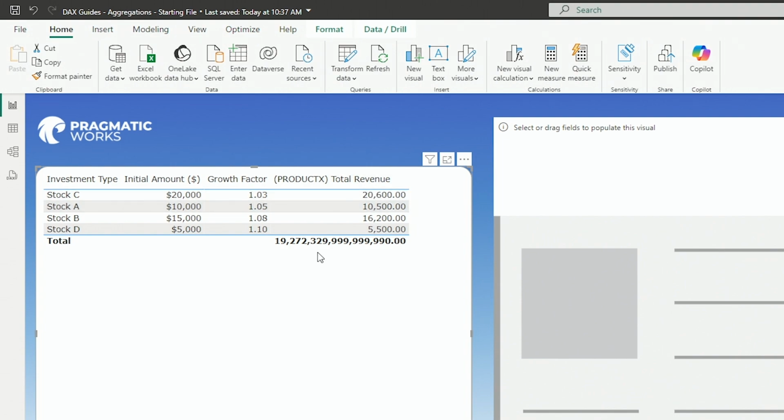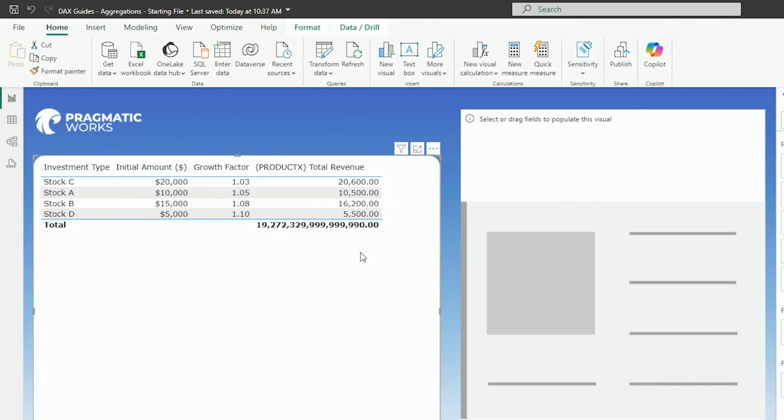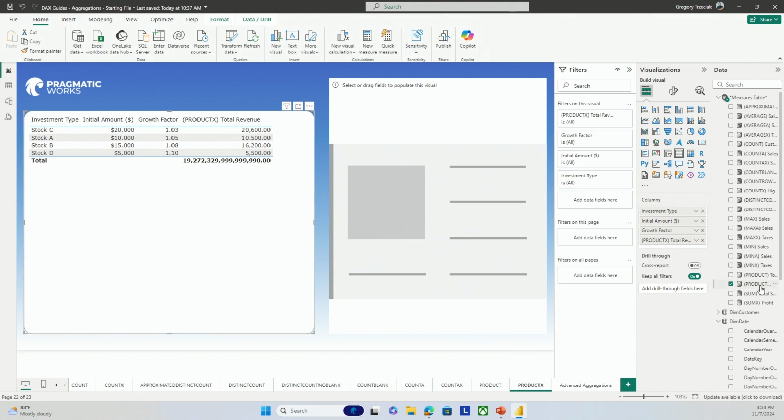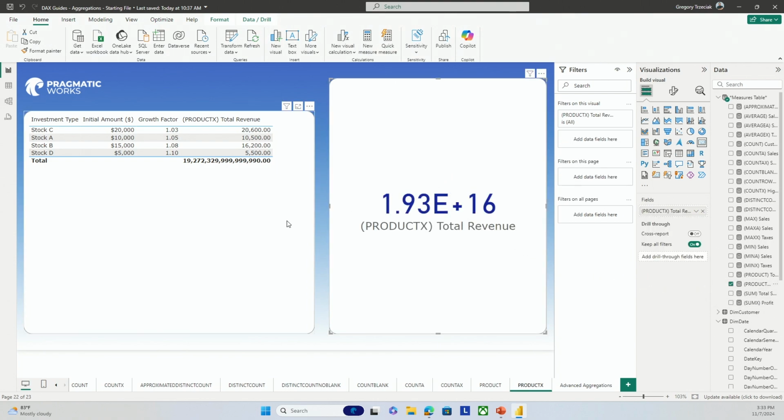But product X comes in and whoa, it gives me this huge number, because I'm multiplying this by this, that result multiplied by this, and that result multiplied again by that last 5,000. Pretty wild. And if I put it into my card, oh my goodness gracious, pretty crazy.